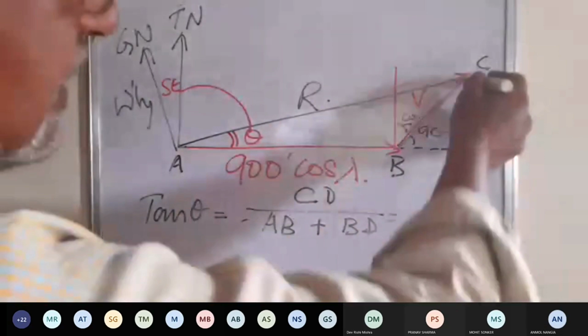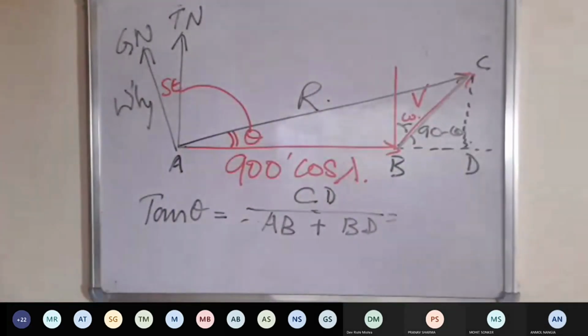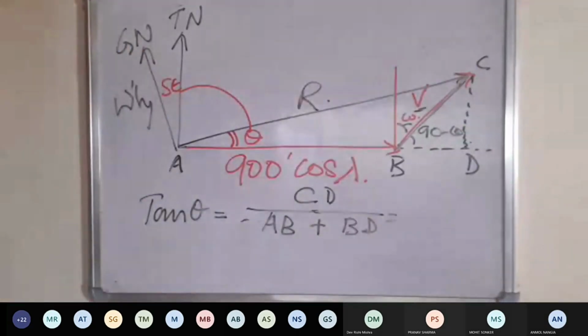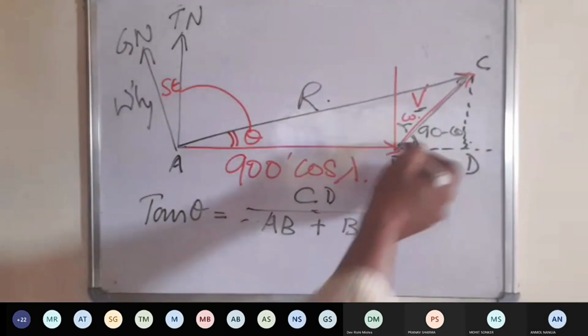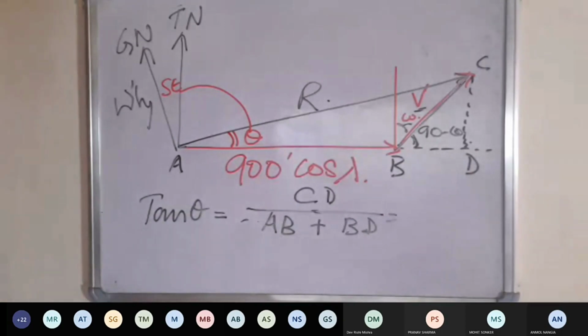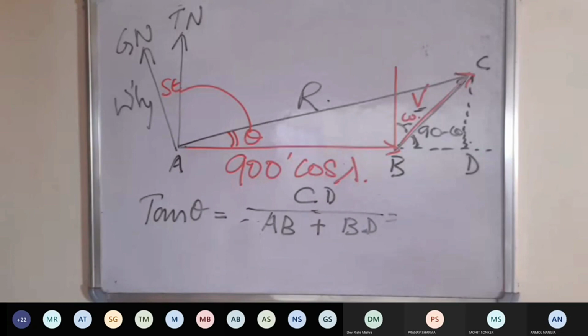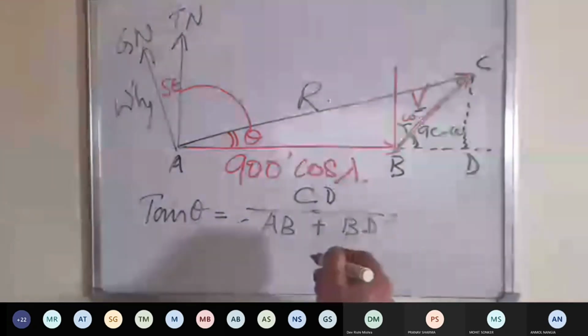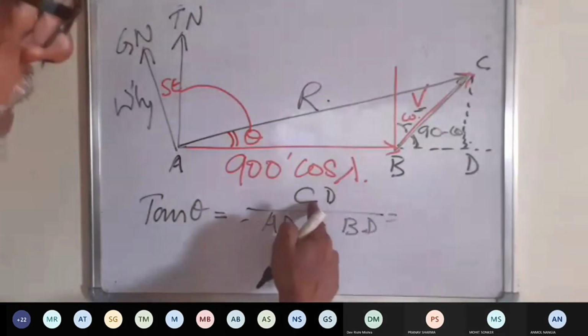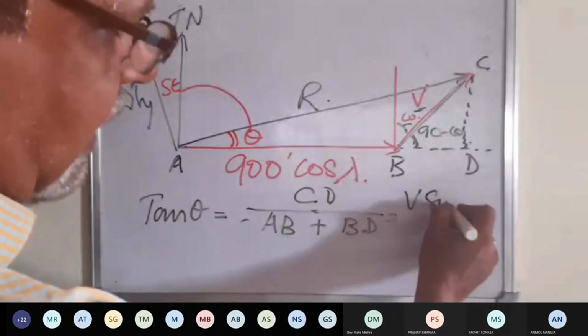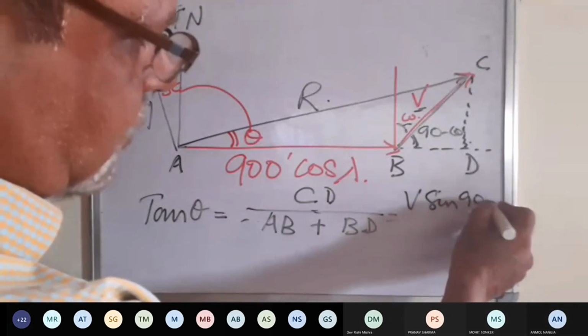If we want to find out CD, CD की value क्या होगी? We already have the hypotenuse, which is V. We have the angle 90 minus course. We want to find out this. So is CD equal to V sine 90 minus course?